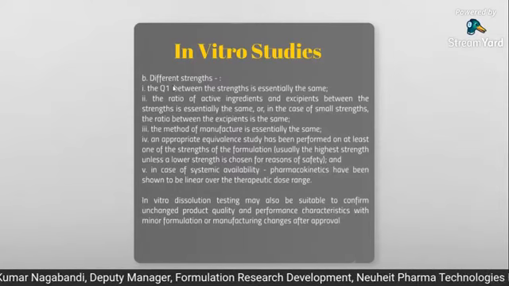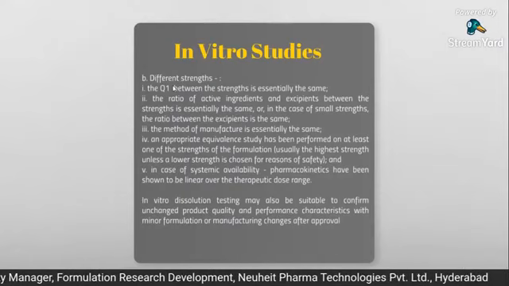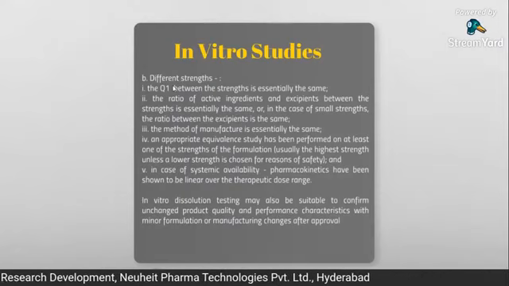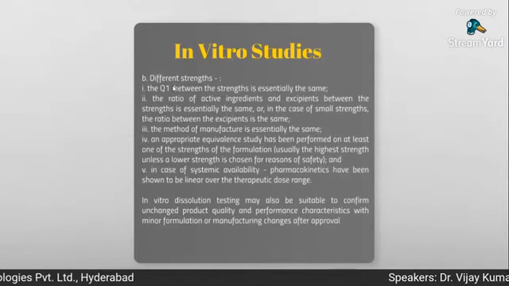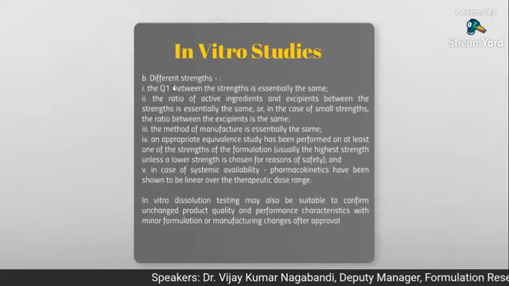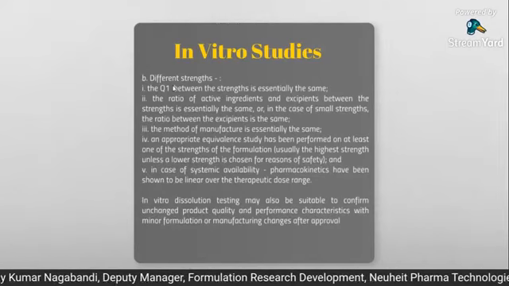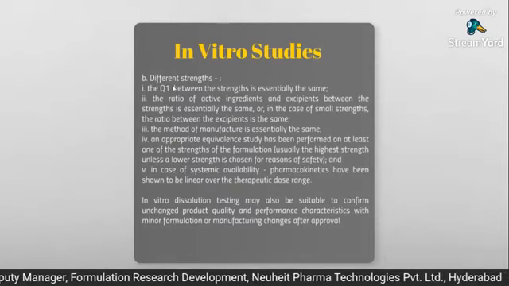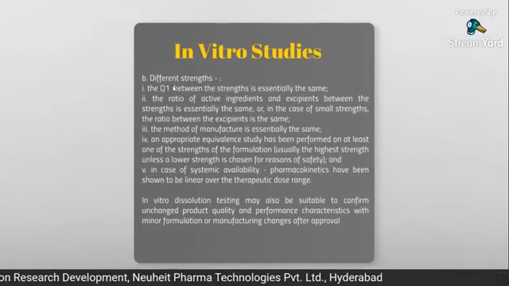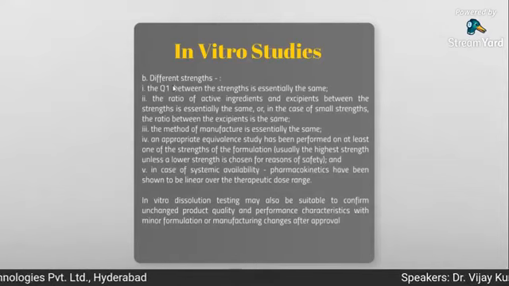In that case, simply proving the dissolution profile in 3 different medias, like I showed in the previous slide, 0.1 normal HCl, 4.5 pH, 6.8 pH, and if your formulation is dose proportional, having the same ratio of excipients, the same manufacturing procedure and the same composition, then we can get the exemption of bioequivalence testing for the lowest strength.